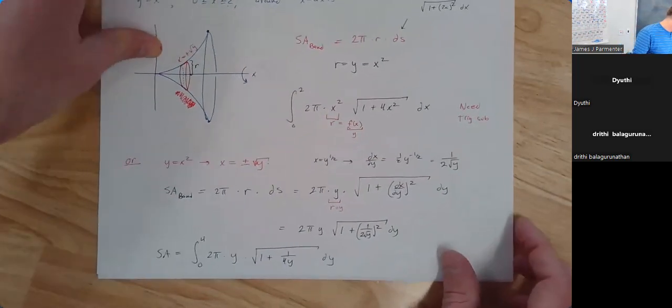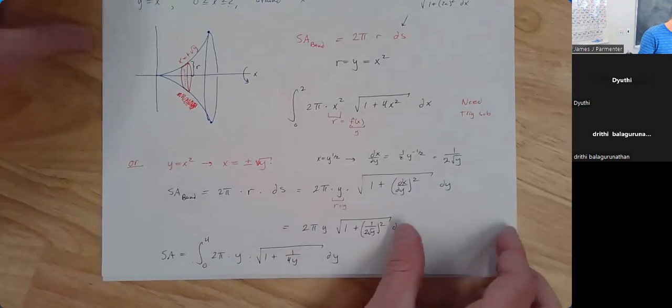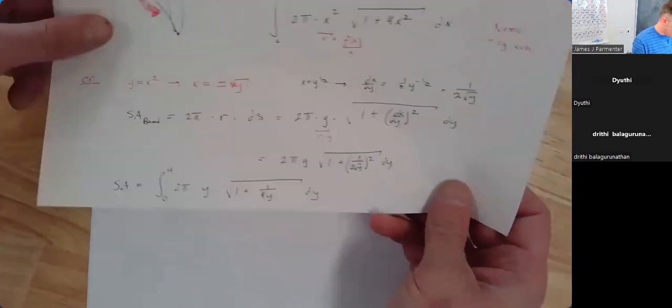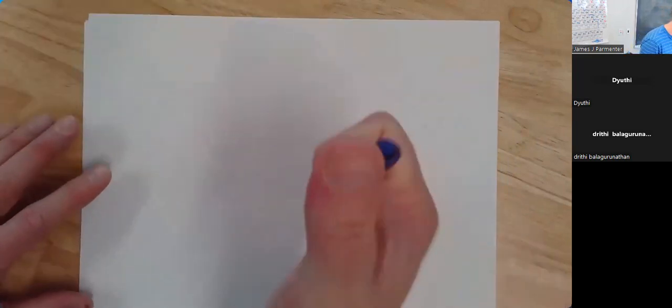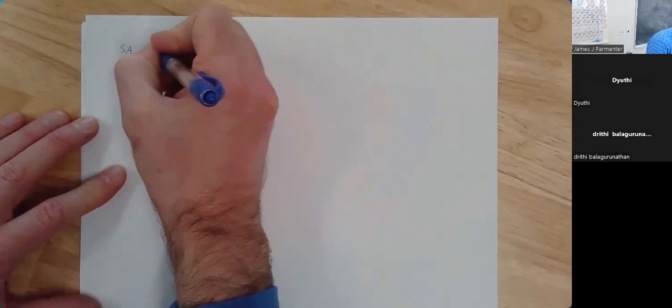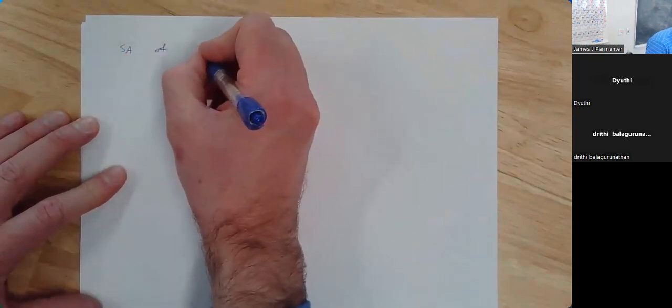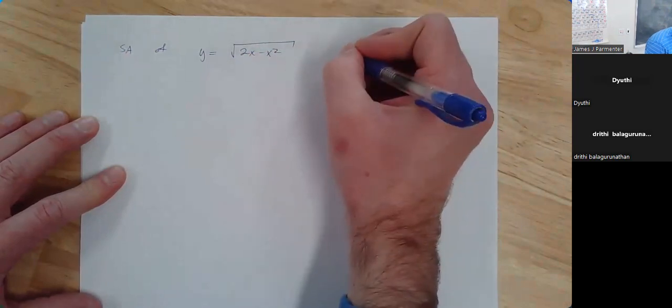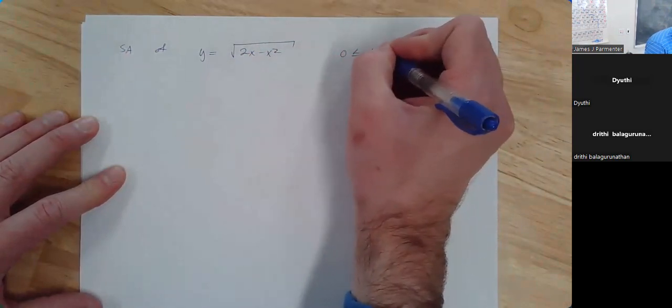Okay, let's look at an example we can actually do. Let's say we want to find the surface area of y equal to the square root of 2x minus x squared. Again, x going from 0 to 2.